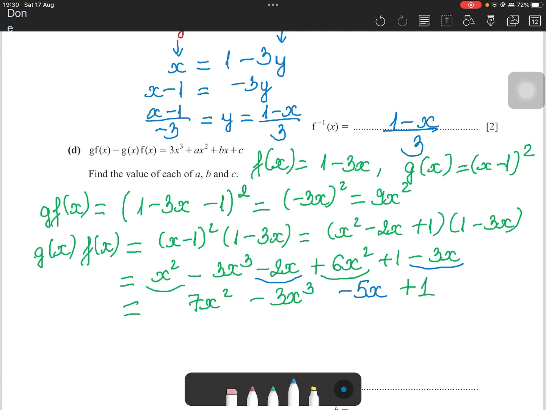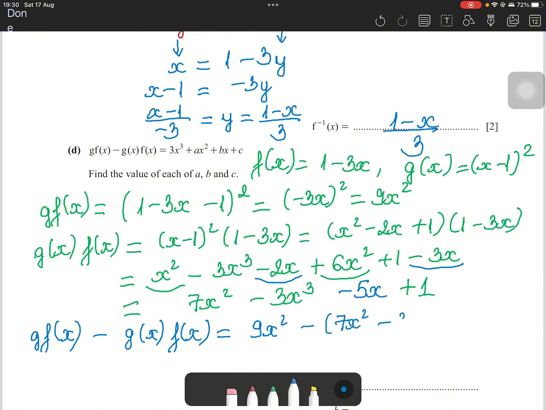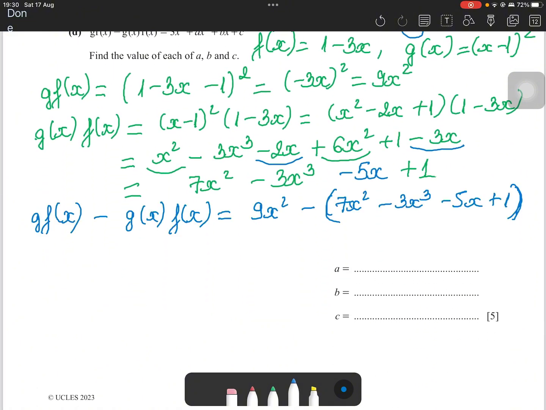So now let's combine gf of x minus g of x multiplied by f of x. This one is equal to 9x squared minus, in brackets, 7x squared minus 3x cubed minus 5x plus 1. Remember you need these brackets, otherwise your expression will be wrong. So let's expand the brackets.